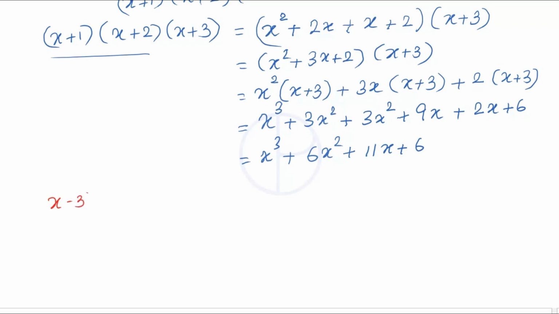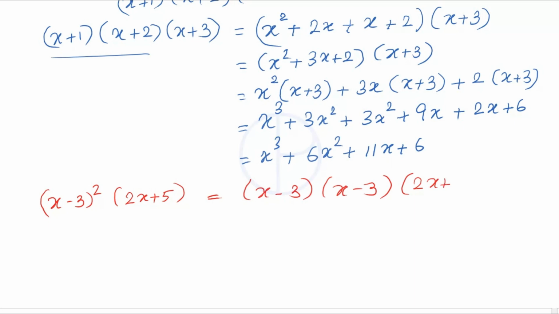(x minus 3) the whole squared multiplied by (2x plus 5). First, let's rewrite this as (x minus 3) multiplied by (x minus 3) multiplied by (2x plus 5).